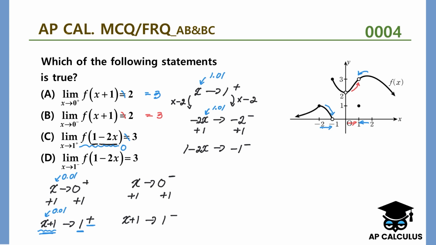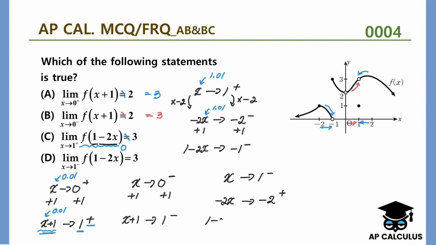Okay, and answer choice D. This time we have x approaches 1 from left hand side. What about 1 minus 2x? So as x approaches 1 from left hand side, what about negative 2x? Multiply each side by negative 2. So that approaches negative 2, the direction changes, right?